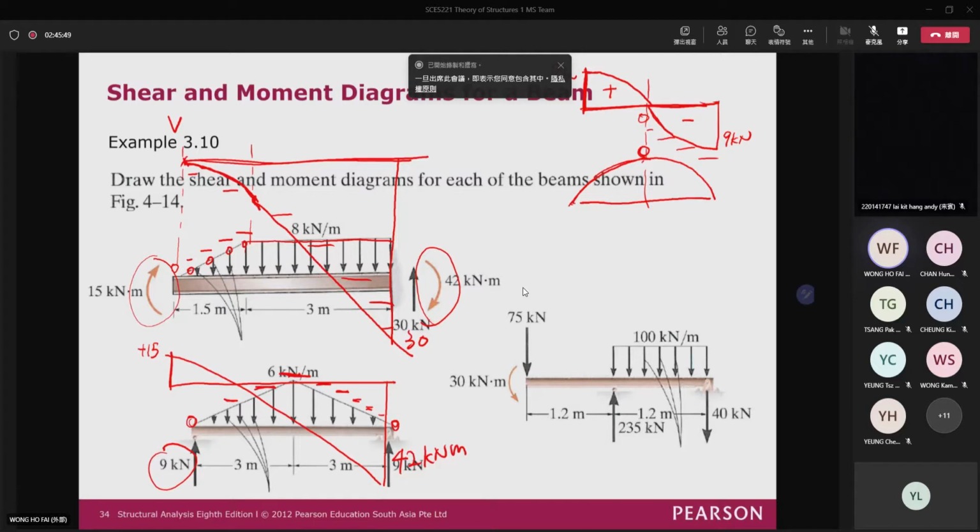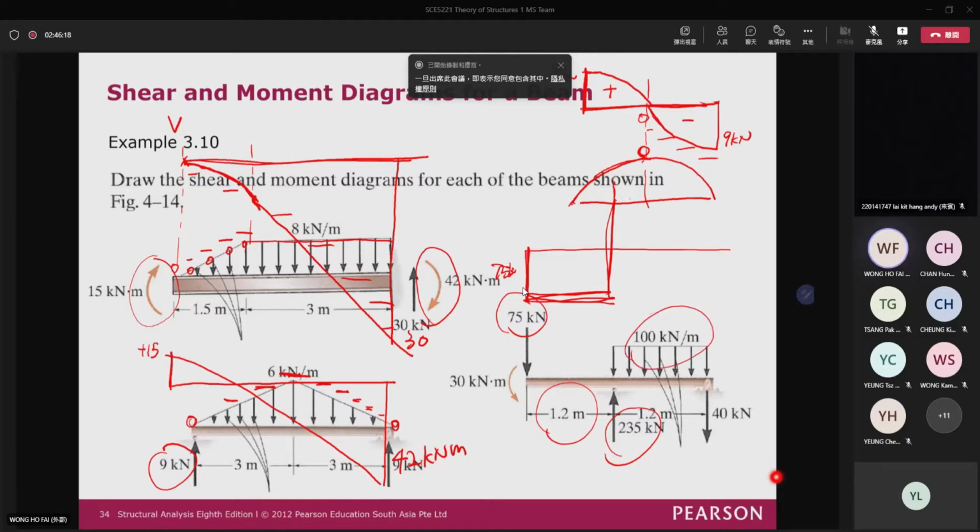And then for this one, actually, you can also draw the shear force diagram quickly. Because here it goes down for 75, so you go down for 75 here. And then in between, there's no force applied, so it is a constant value here. And then it asks you to go up for 235, so you just go up for 235 here. And then right here, it is 100.